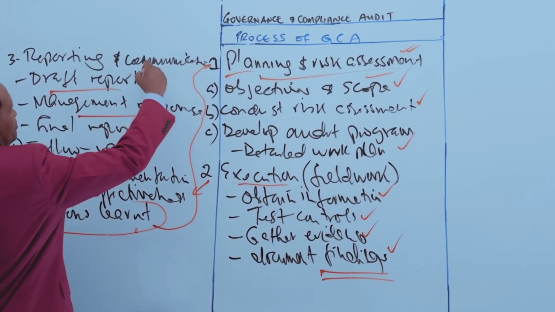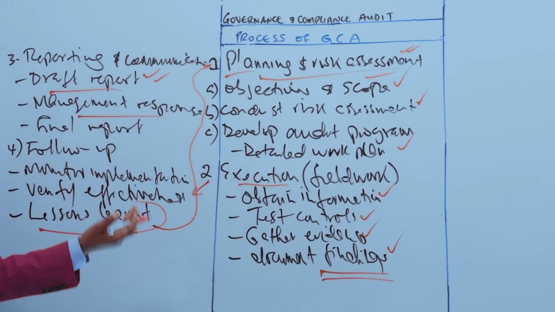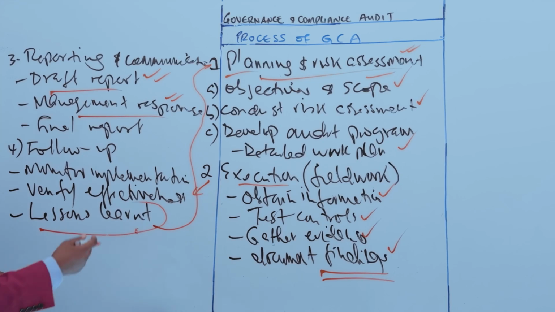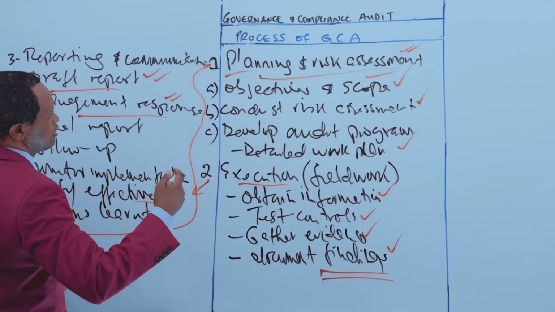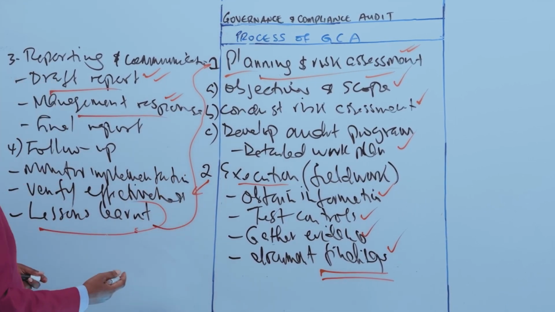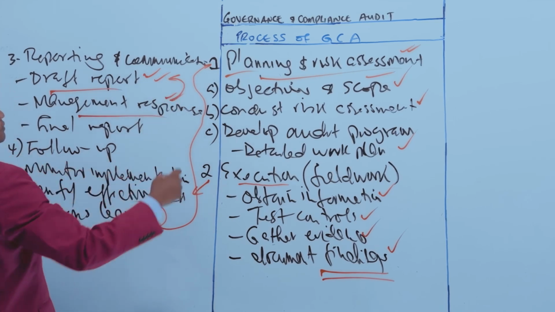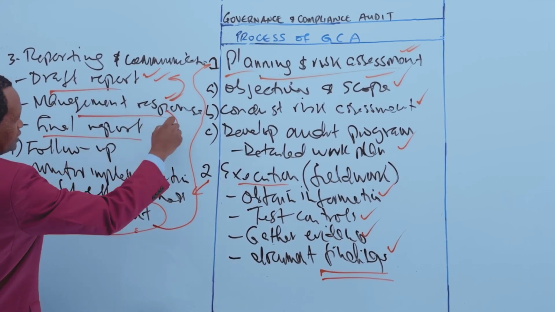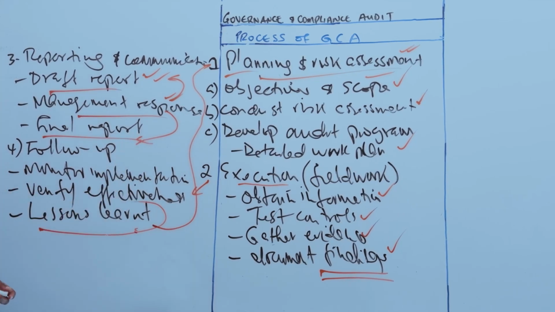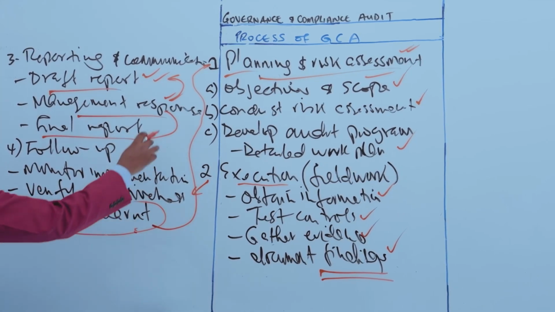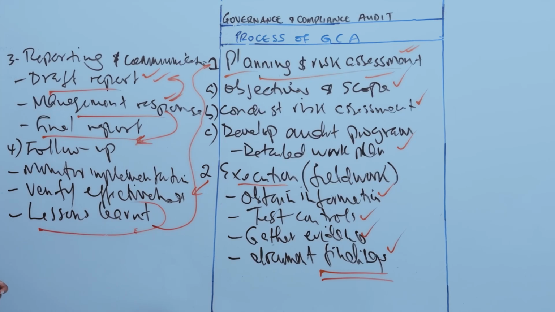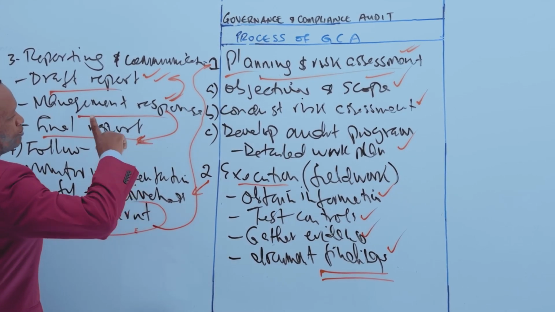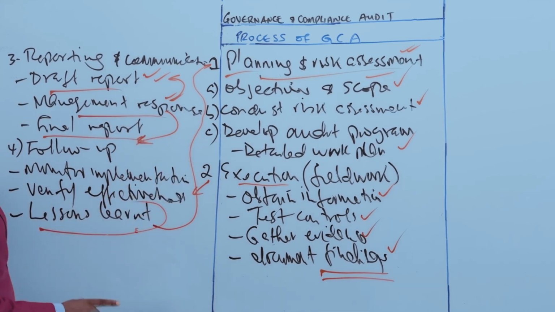Then on the basis of the findings that have been made, you draft a preliminary report, which you then send to management, who are required to respond back to the auditor, so that the auditor, when drafting the final report, incorporates the responses in the final report, which is then submitted to the board and the audit committee.